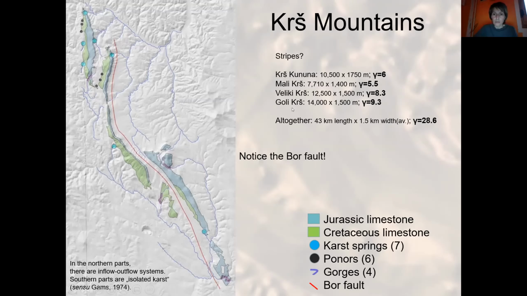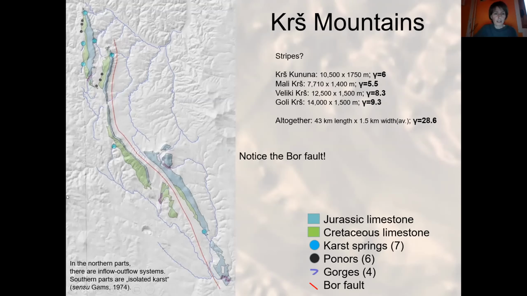And here you can see some characteristics of these stripes, which one by one don't have very high values, these gamma values, but altogether, when we count 43 kilometers of length and average width of 1.5, this is quite a good coefficient.